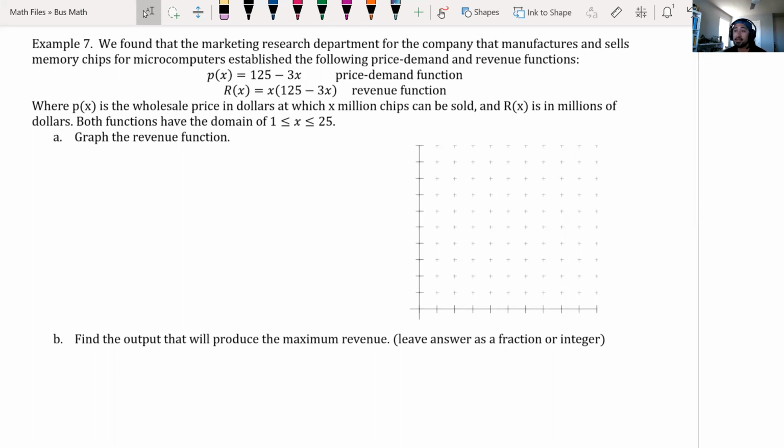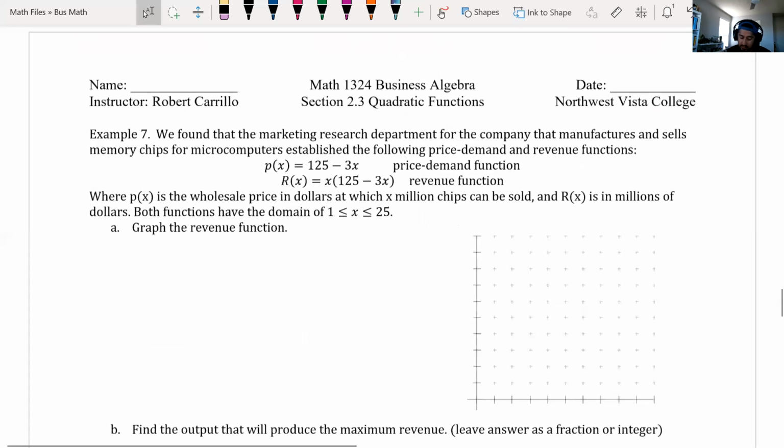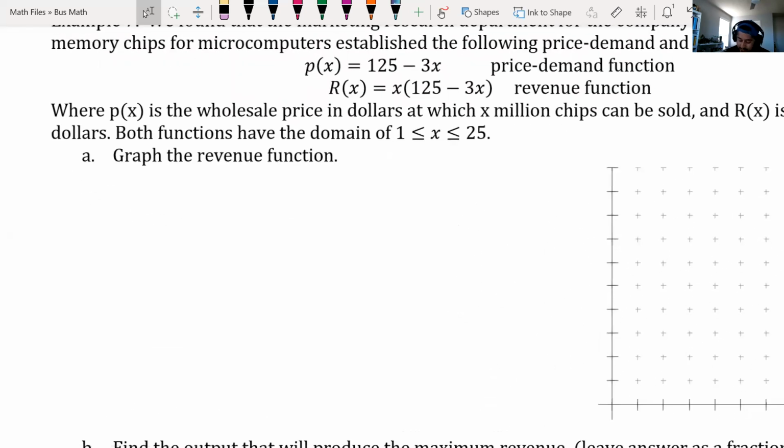The revenue function is X times (125 minus 3X), where P of X is the wholesale price in dollars at which X million chips can be sold. And R of X is in millions of dollars. Both functions have the domain of 1 million chips to 25 million chips. Graph the revenue function. Okay, let's go Desmos.